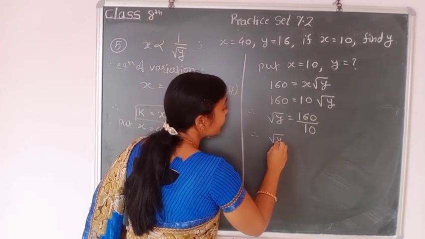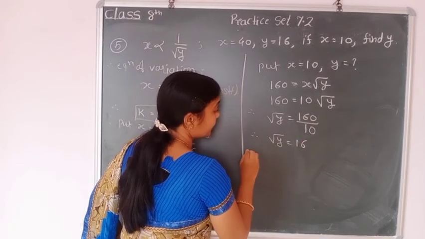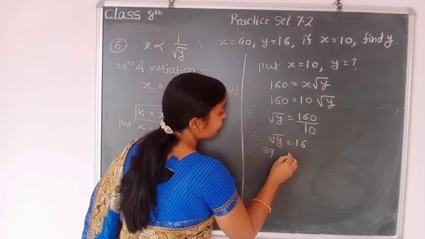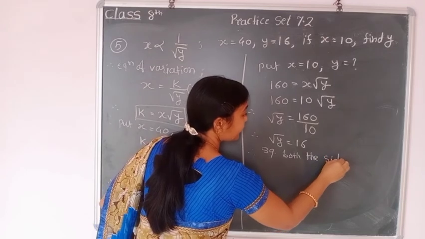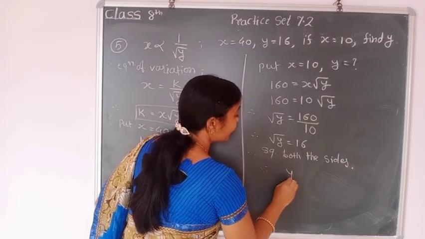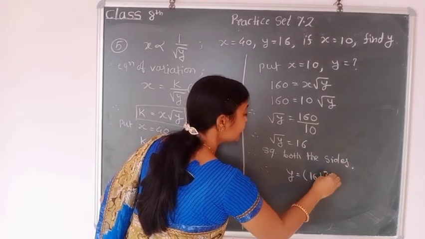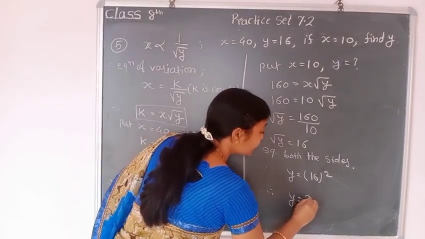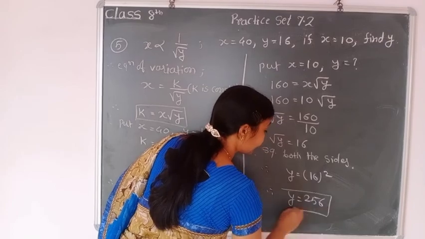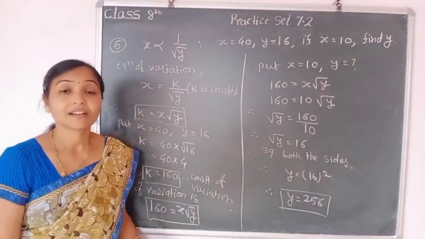Therefore root y is equal to 16. Squaring both the sides, y is equal to 16 square, and therefore y is equal to 256. This is the answer. Okay students.